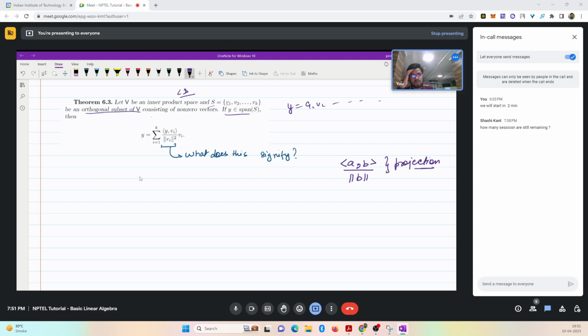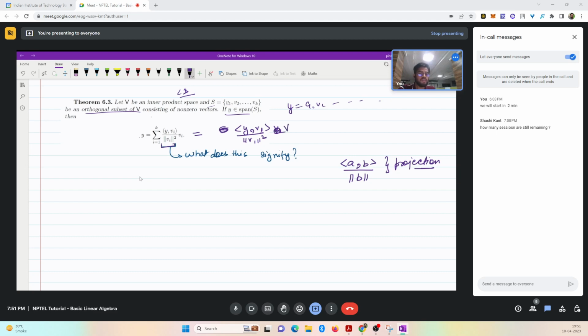Then y is given as a summation of projections. If you expand this, it would be <y, v1> divided by the norm of v1 squared, into v1.